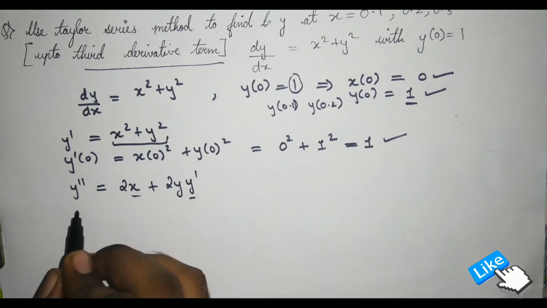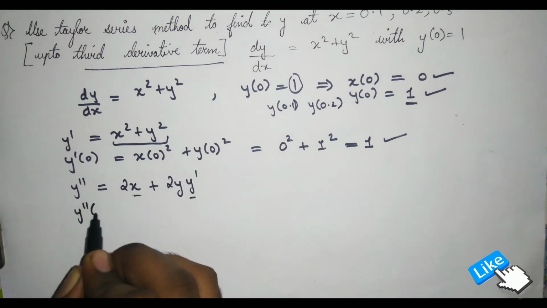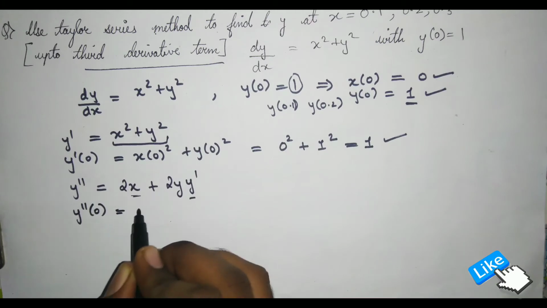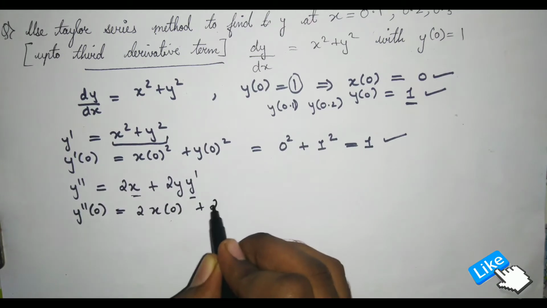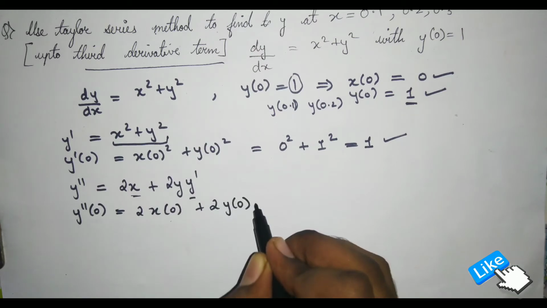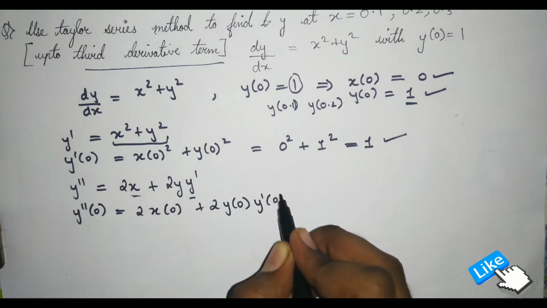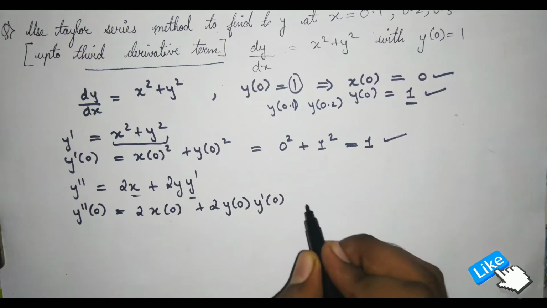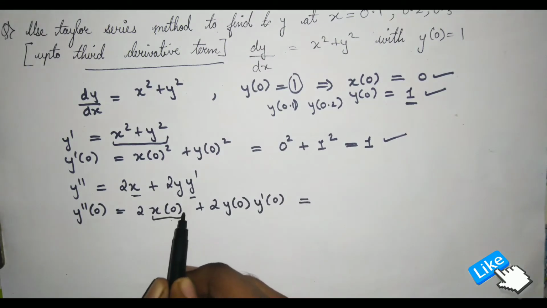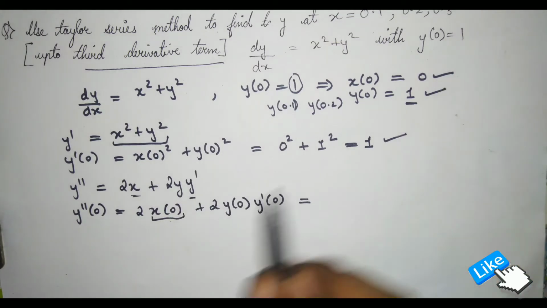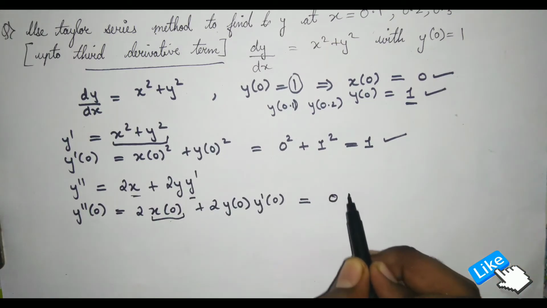Now again you have to find y double dash of 0, that is nothing but 2x0 plus 2y0 into y dash of 0. So x of 0 is 0, so this whole term becomes 0.